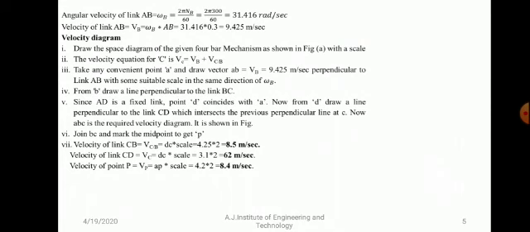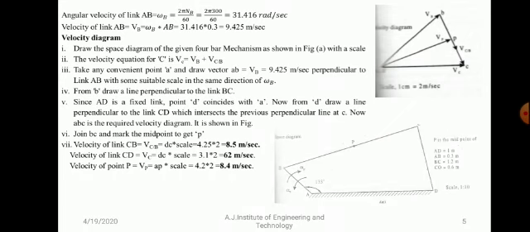Now let us draw the velocity diagram. The same procedure. VC is equal to VB plus VCB. Take any point A, draw a vector AB, 9.425 meter per second, perpendicular to the link AB.